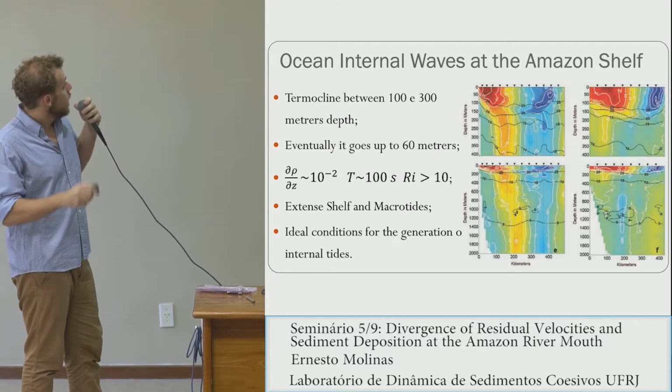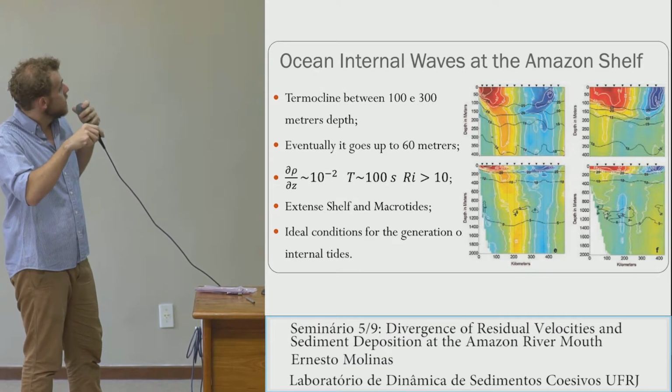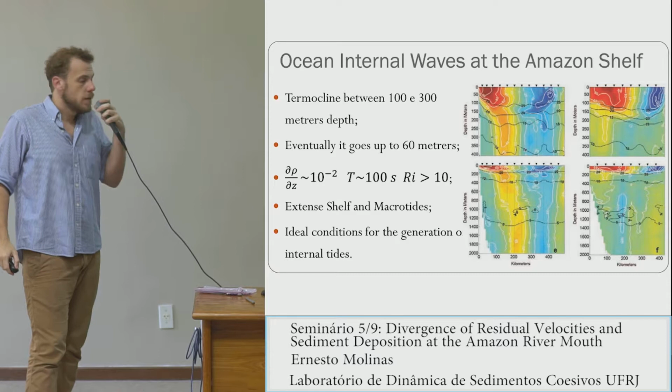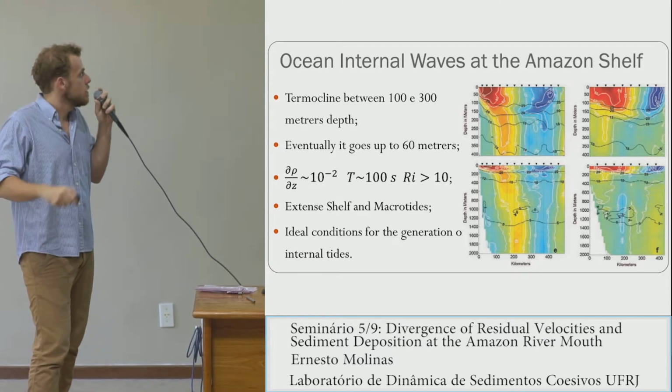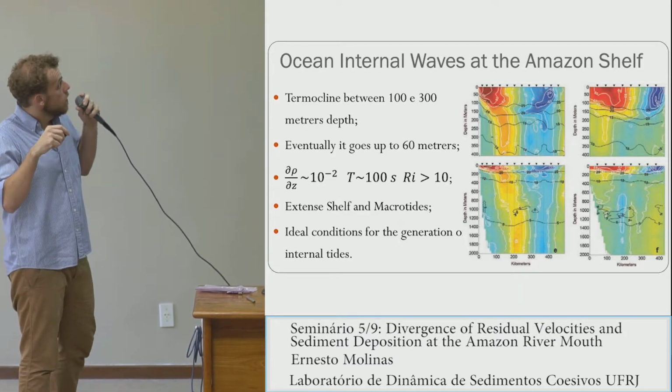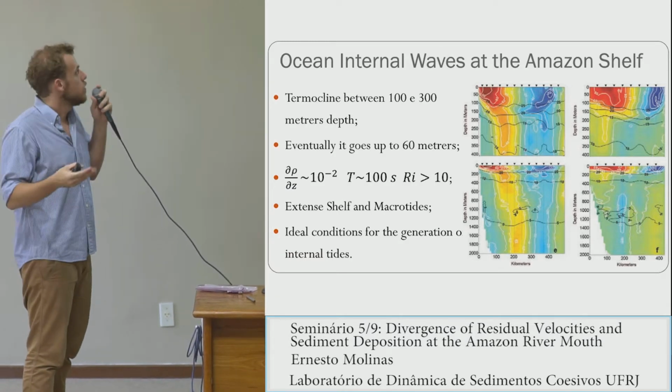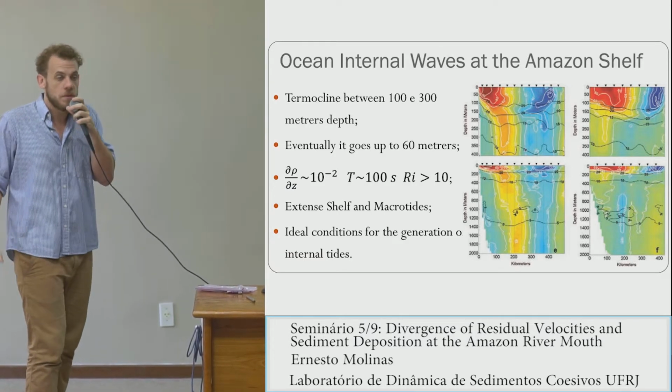In parallel, this is a picture of the atlas of soliton occurrence in the world, and the Amazon is being pointed out as a place where internal solitons occur with large frequency.